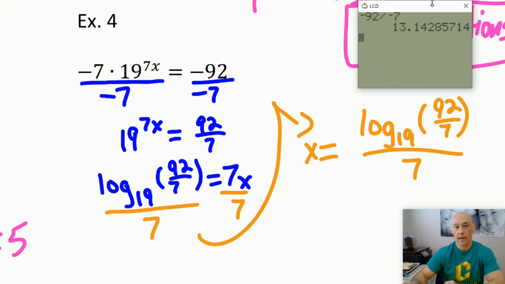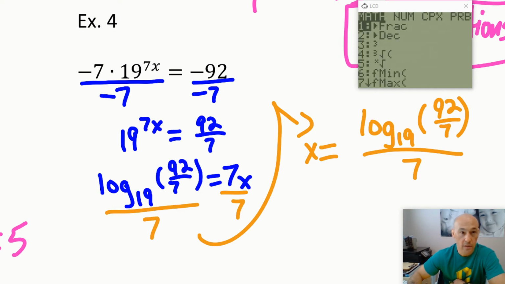And now we can put that in our calculator to convert it to an estimate. So let's see, math, let's go to logarithms. Log base 19 of 92 over 7.